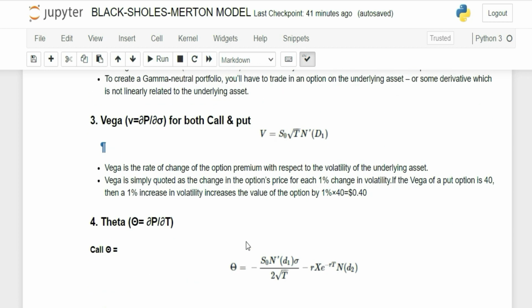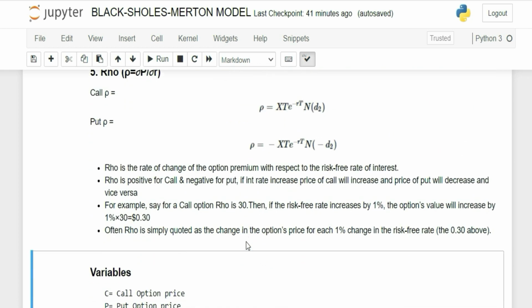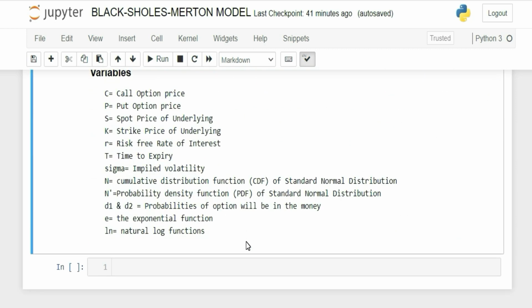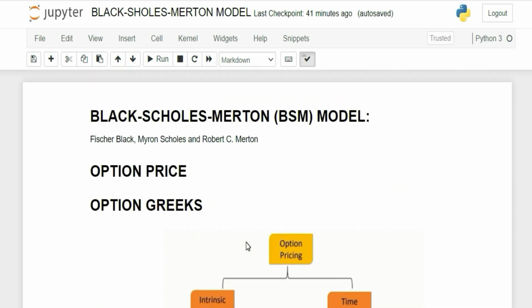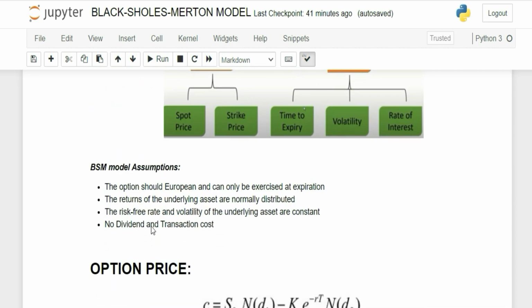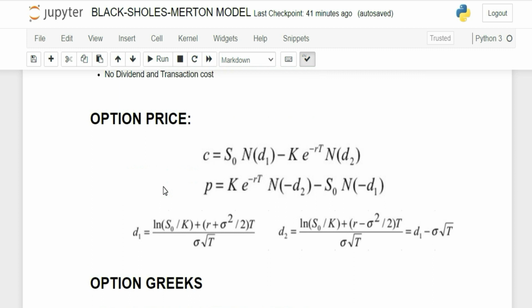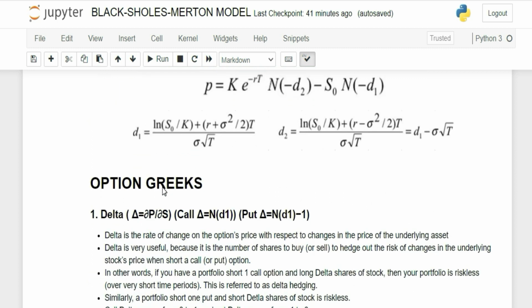You can go through all of these and we can quickly start. In this Black-Scholes model we can assume some of the points which I already explained. Let's quickly start with the option price first, and then we can go to the option Greeks.